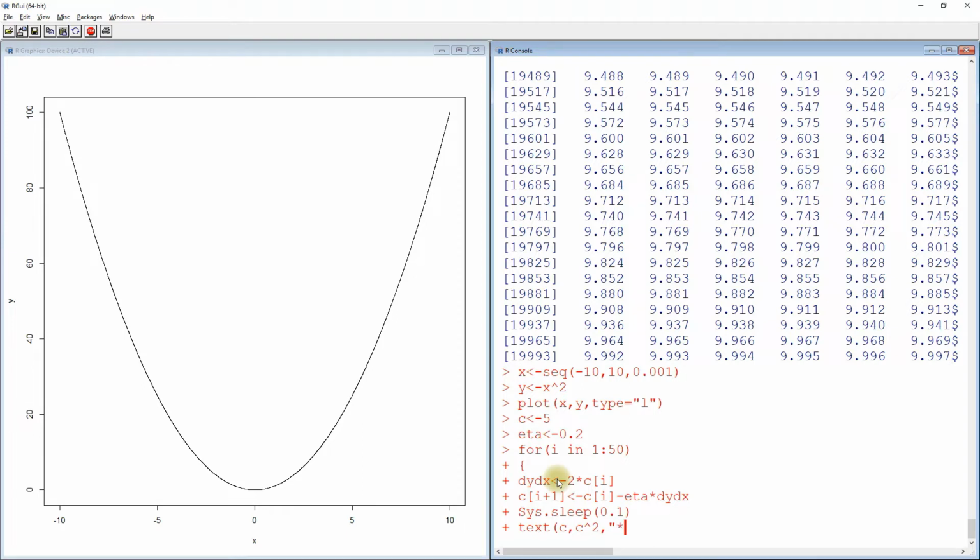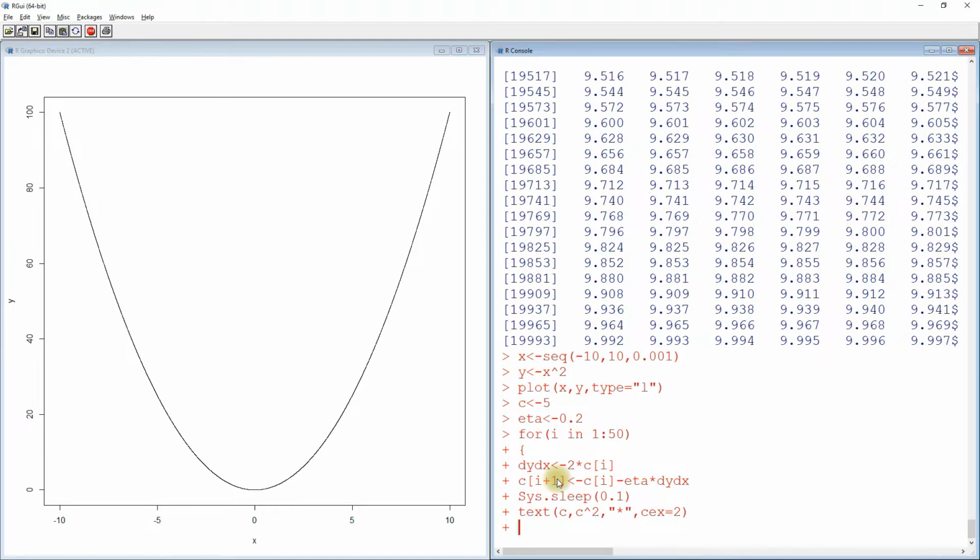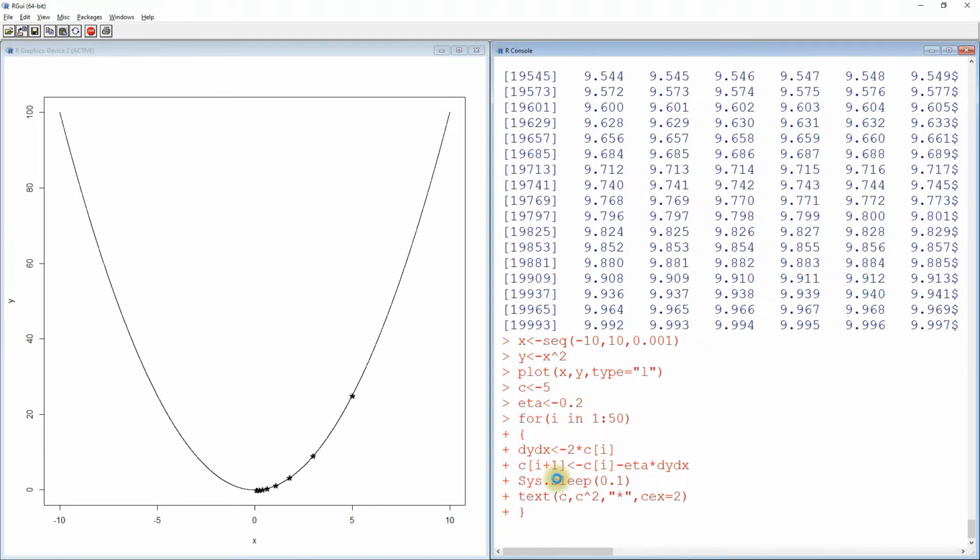And then, yeah, go. And then we have cx 0.2. Let's put it as, it should be 2 or 3. Comma. Here we go. You see, this is what is happening here.